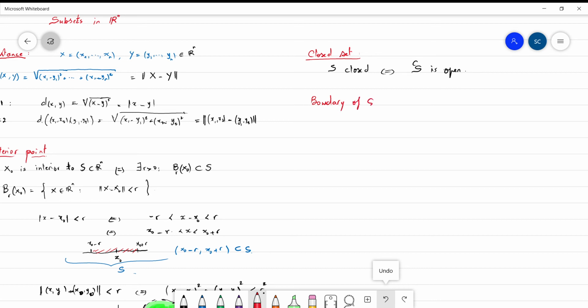The boundary points of S: there is a characterization of boundary points.